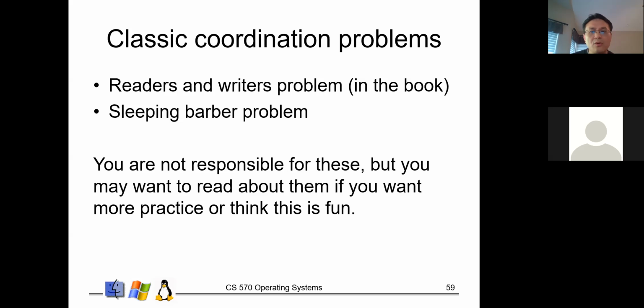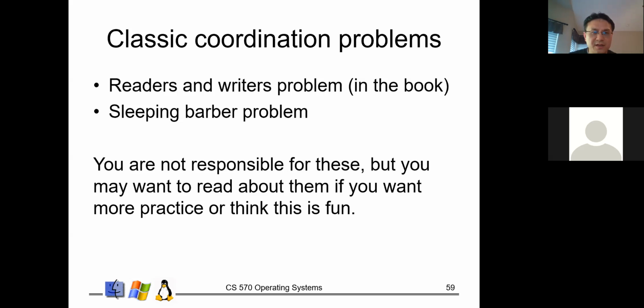All right, so semaphores can be used for solving other classic coordination problems, like the readers and writers problem. That problem has a very detailed description in the book. You can look into that, and we're not going to cover it in class. There is also the sleeping barber problem, if you have heard about that before.